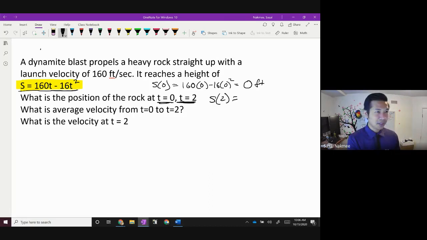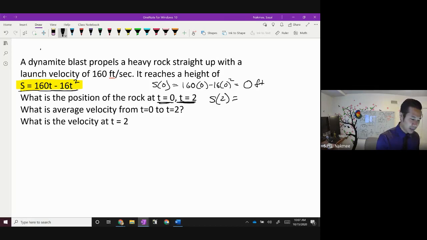For position, they don't use p of t. They use s of t, and I believe it's because of Newton. When they first wrote it out for position, the Latin word for position starts with an s, so they would write it as s of t.